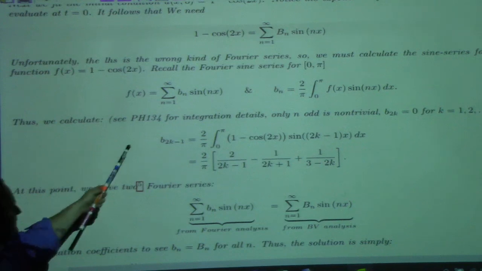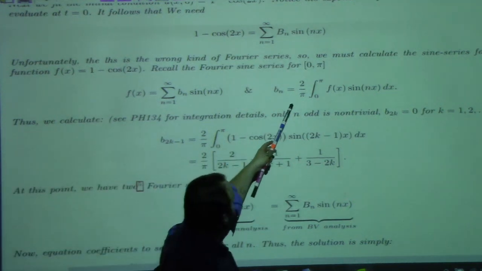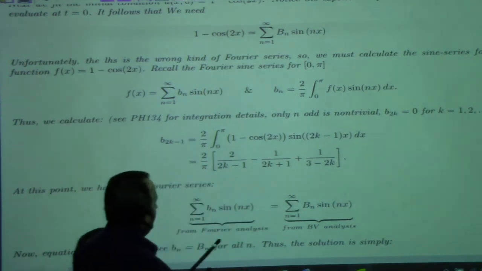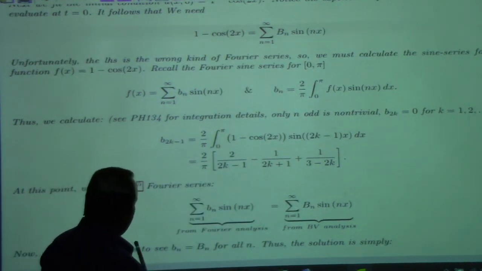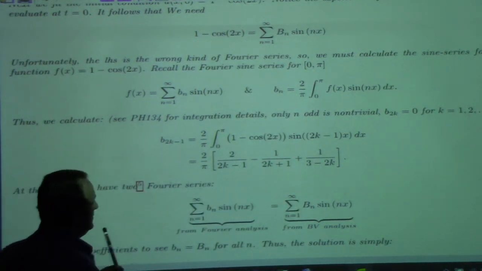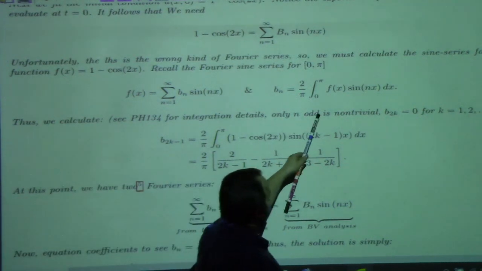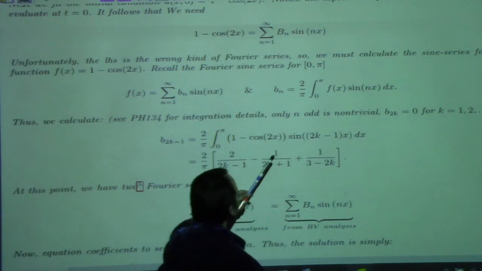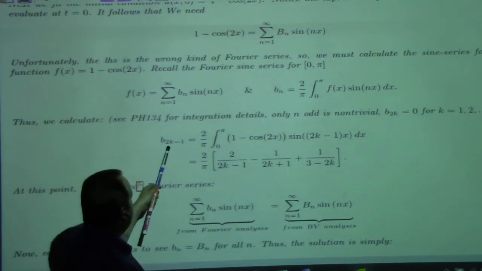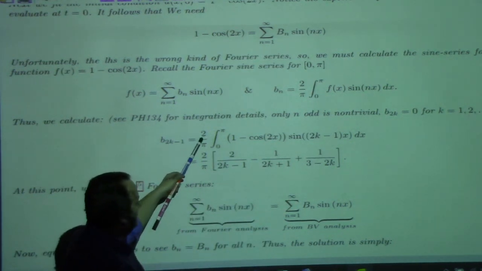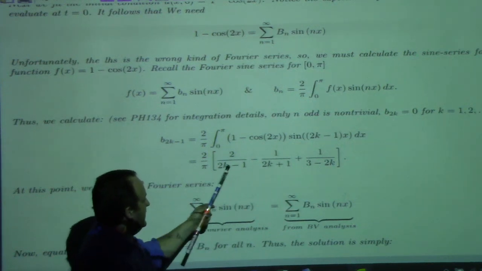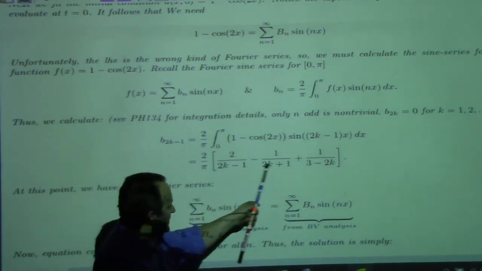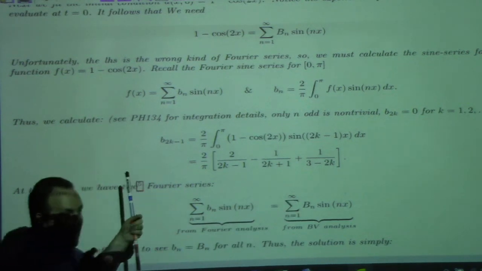So here we need to calculate 2 over pi, integral from 0 to pi, f of x sine of nx dx. In this case, if you calculate for even n, this works out to 0. Only the odd n is interesting. For odd n, in other words, n equal to 2k minus 1, we have the integral of this times that. The details I'll omit here, but this works out to that. So that's your b sub k.